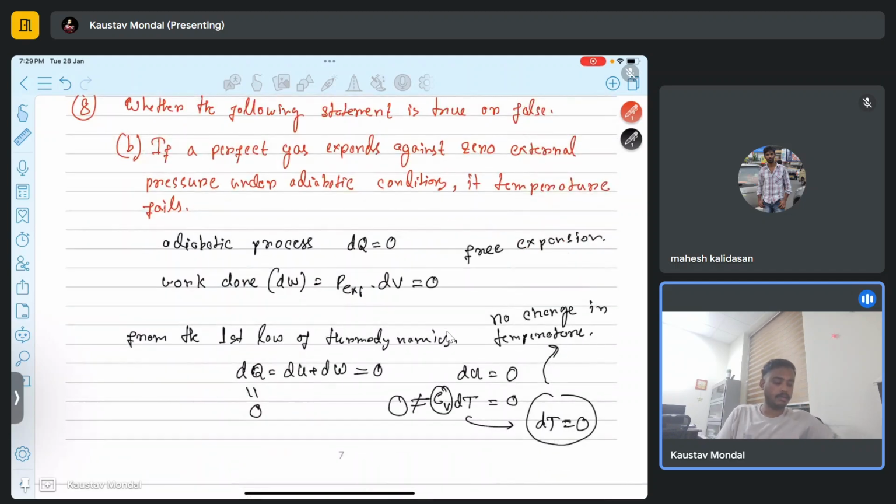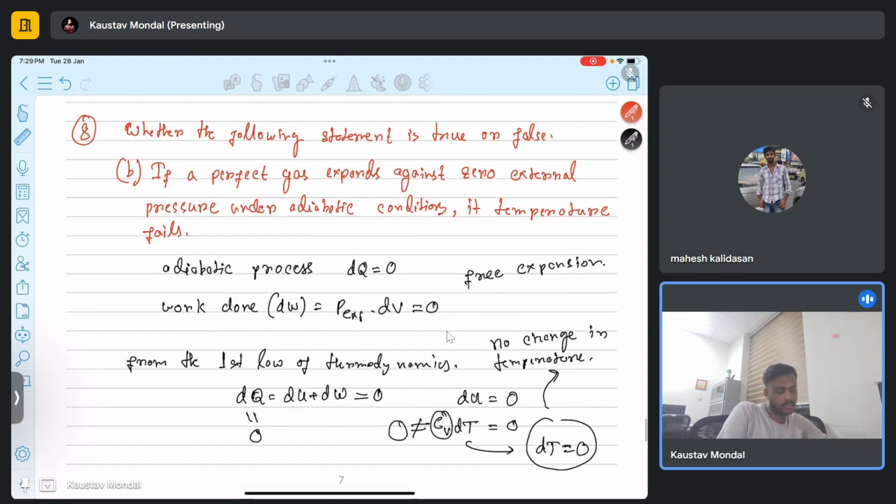So now coming to the problem. The question was, if a perfect gas expands against a 0 external pressure under adiabatic condition, its temperature falls. We can see there is no change in the temperature, so the temperature does not fall, right? The temperature remains constant. So this statement is false.